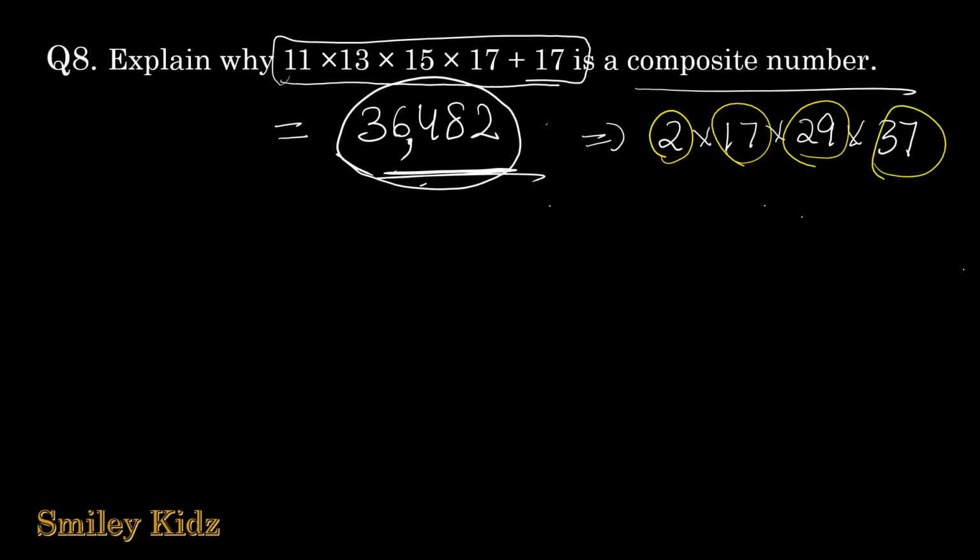According to the fundamental theorem of arithmetic, every composite number can be expressed as the product of primes. Therefore, we can conclude that 11 times 13 times 17 times 15 plus 17 is a composite number.